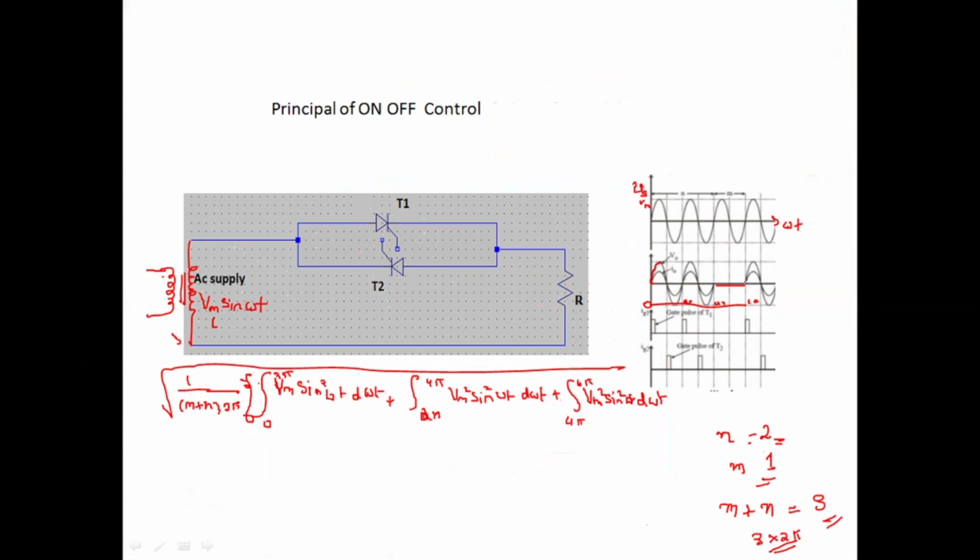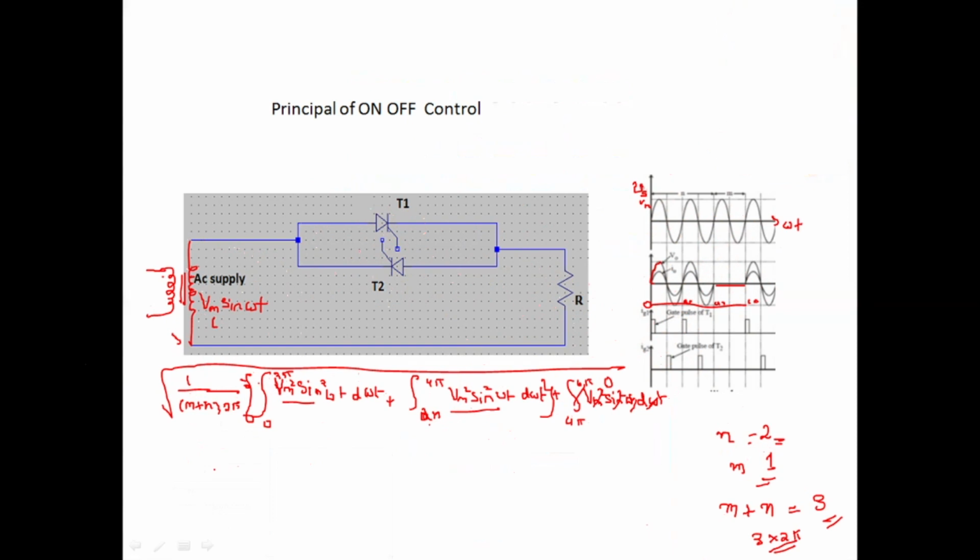In this case only 2 parts are there, correct? This part is not there, this part is not there. This is 0, so I don't need to consider that, only these 2 parts are there. Okay, so we can see here Vm squared, here also Vm squared. If you are integrating from 0 to 2 pi this part and integrating 2 pi to 4 pi this part, strictly speaking both give the same answer.